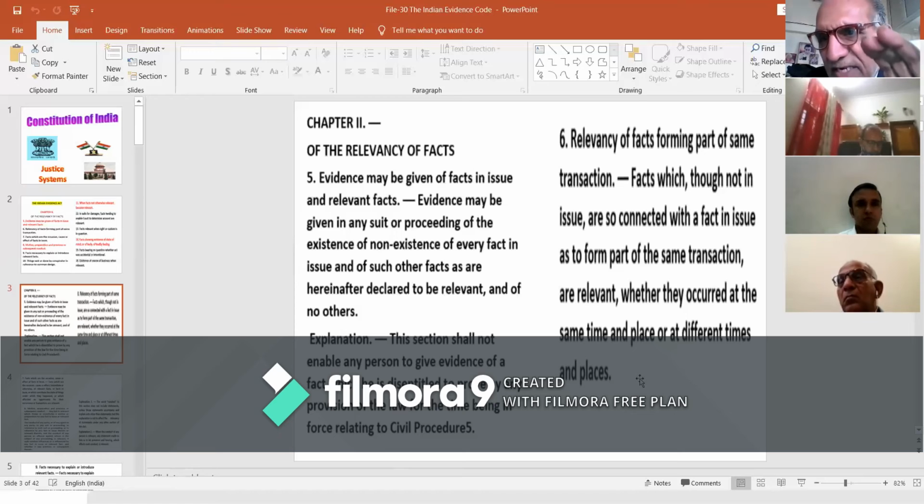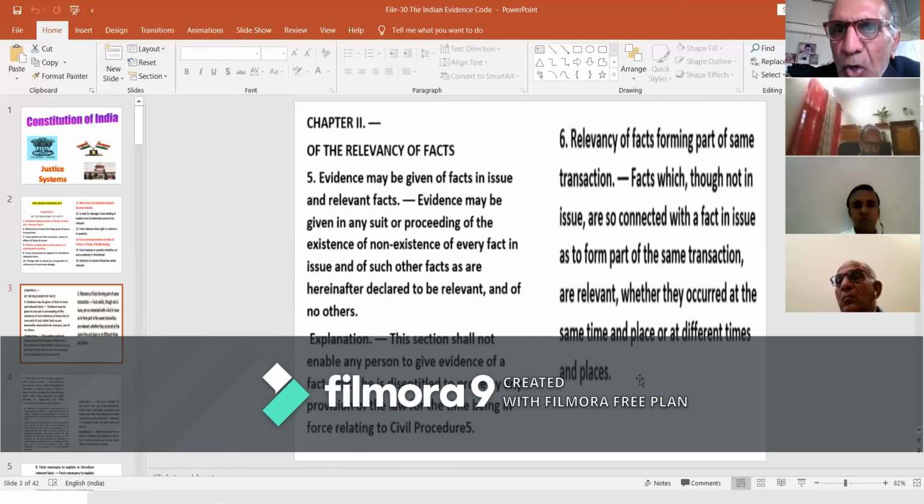See, it is the first category, the first clause. Facts which, though not in issue, are so connected with the fact in issue and form part of the same transaction are relevant whether they occurred at the same time and place or at different times and places. See how big a zone this is.